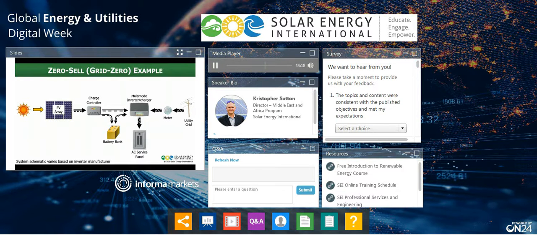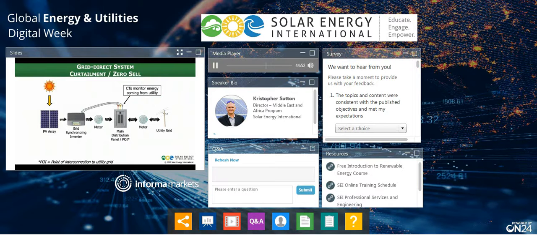So if the grid was unstable and we were not allowed to export, we could set up a multi-mode inverter charger in a non-export or zero sell kind of mode. So that's another way to handle an unstable electrical grid with a utility company that won't allow us to sell. Yeah, we're saying programming, so power goes from the grid but not to the grid.